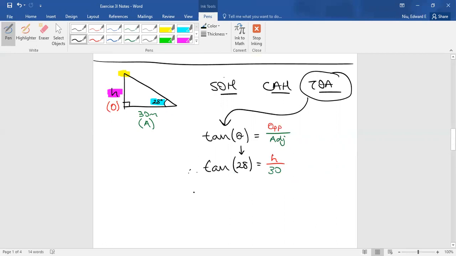Once we've done that, we notice the 30 is at the bottom of the fraction. So when 30 is at the bottom, or when the pronumeral is at the top, we chuck the 30 to the other side and multiply it with tan 28 degrees.